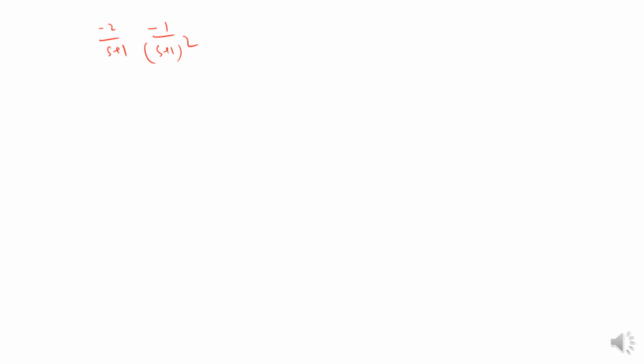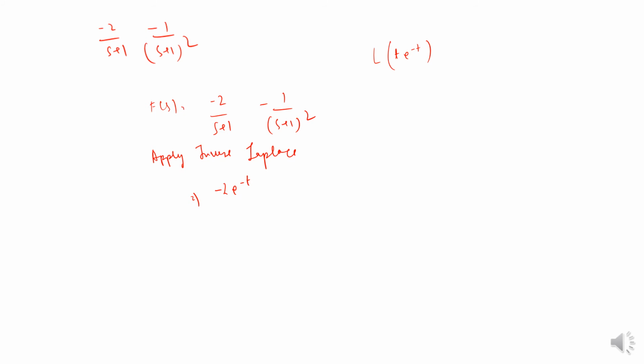Now from the last slide we have y of s is equal to minus 2 by s plus 1 minus 1 by s plus 1 whole square. Now apply inverse Laplace. What do we get? For the first term, minus 2 e power minus t. Now for the second term, let us see. Suppose I have t e power minus t. What is the Laplace transform of this?